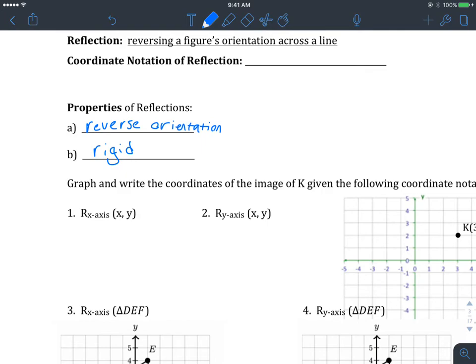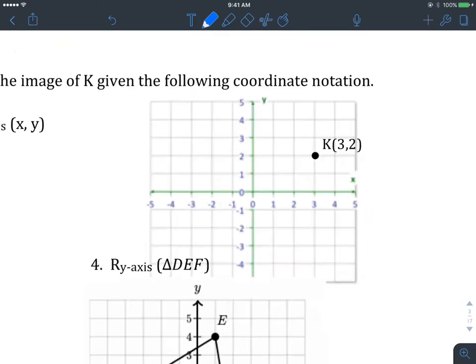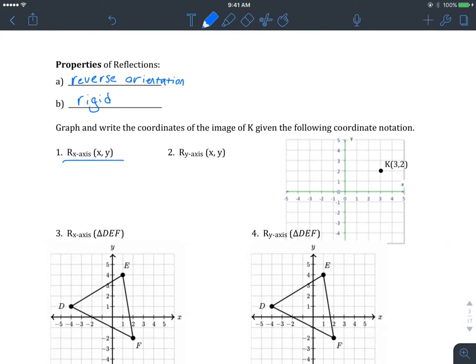Okay, now there's a couple different ways you can do this. You can think about it logically, and sometimes you can change the points. I always like to use a graph to help myself out here. So this first one, R and then x-axis, means reflect across the x-axis.